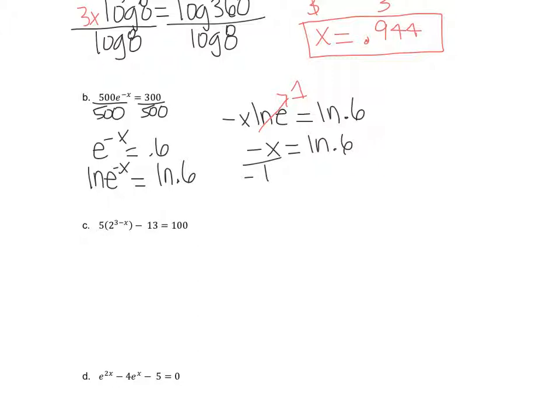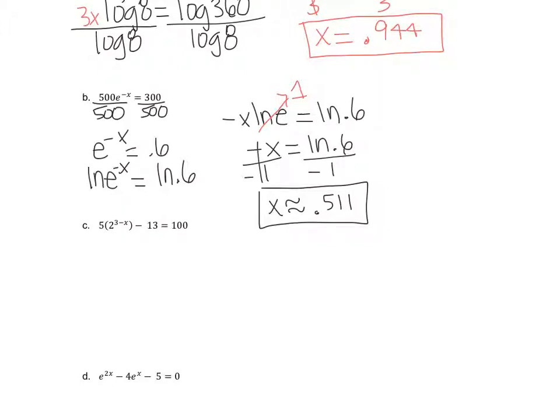Divide by negative 1 to cancel that negative out. And you get approximately ln of 0.6 divided by negative 1, which is about 0.511. And that will be your solution.